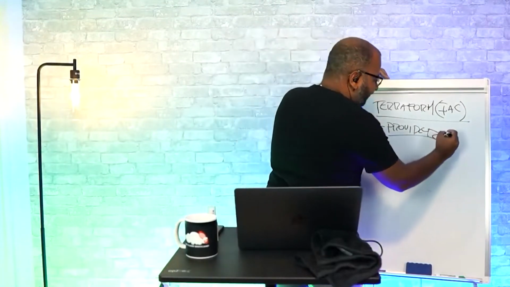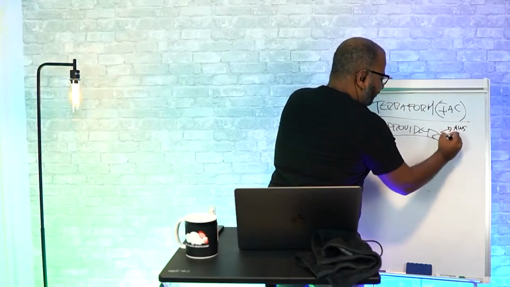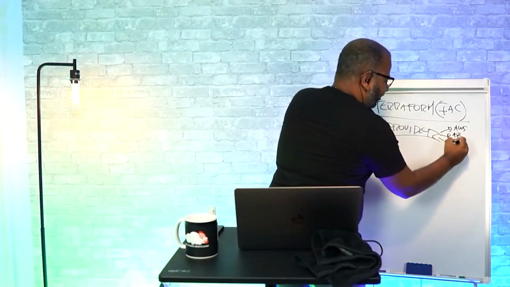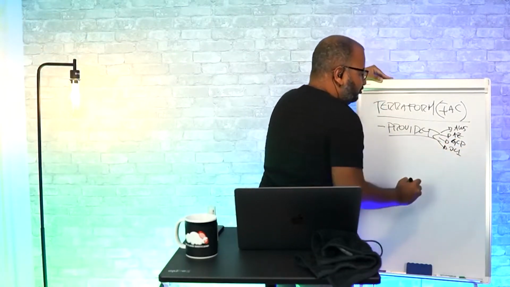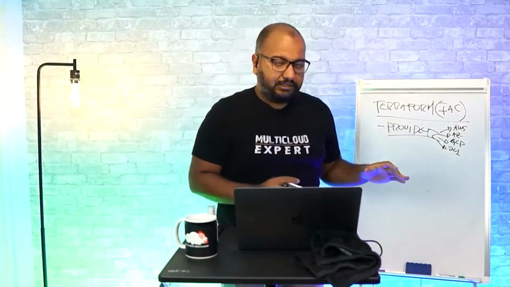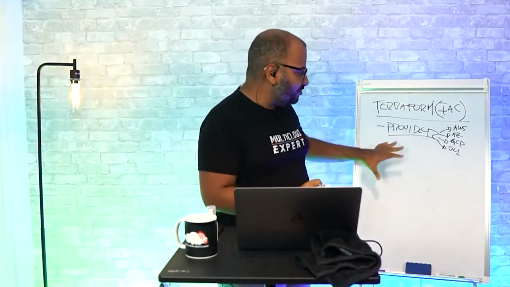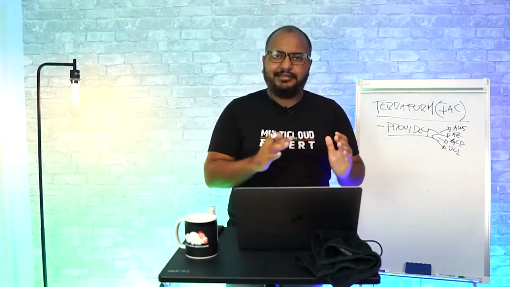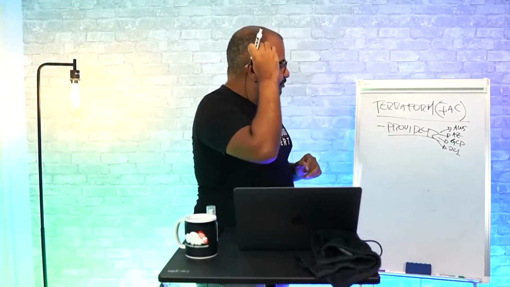So you have a provider for AWS, Azure, Google Cloud (GCP), and OCI, Oracle Cloud. For all of them, you're going to find a provider so that you can use it to provision infrastructure in that given cloud provider, all right? So that's something that you also need to understand.